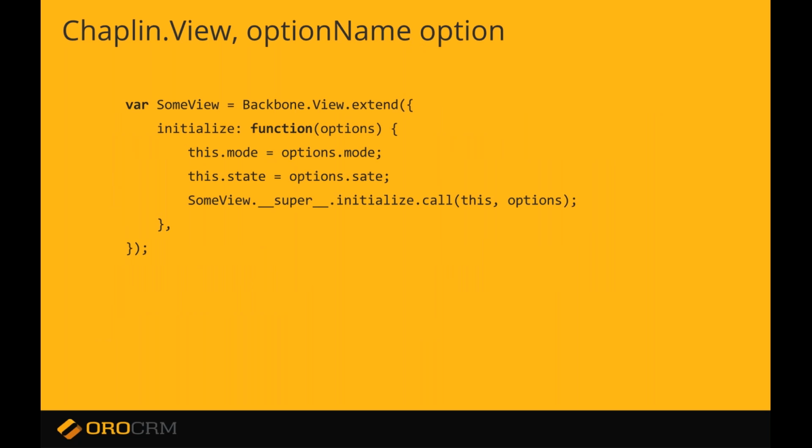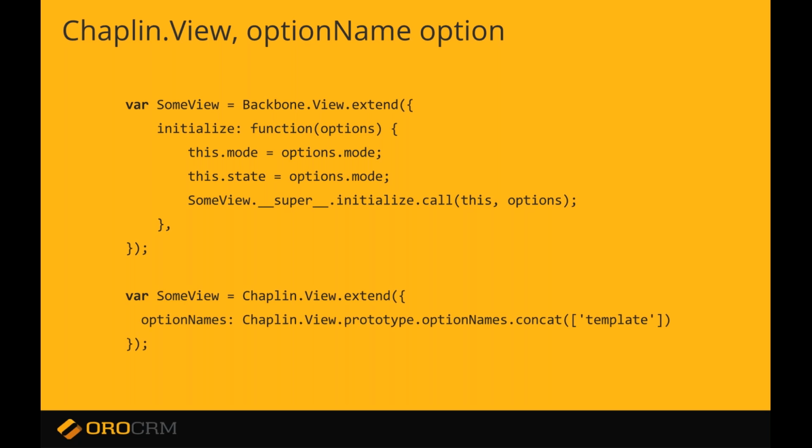It's quite often that we need to store some options inside an instance of a view. For example, you can see that we store values of the mode and state options inside the instance. And in Backbone we have to do it manually. Chaplin provides a way to do it automatically.